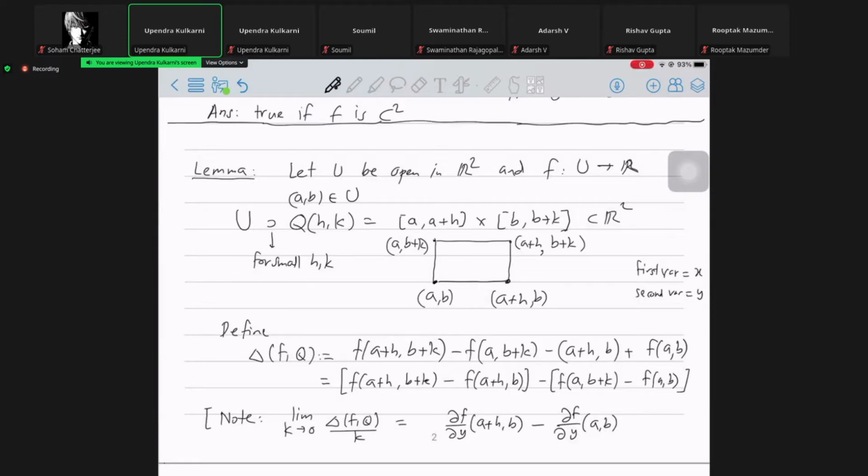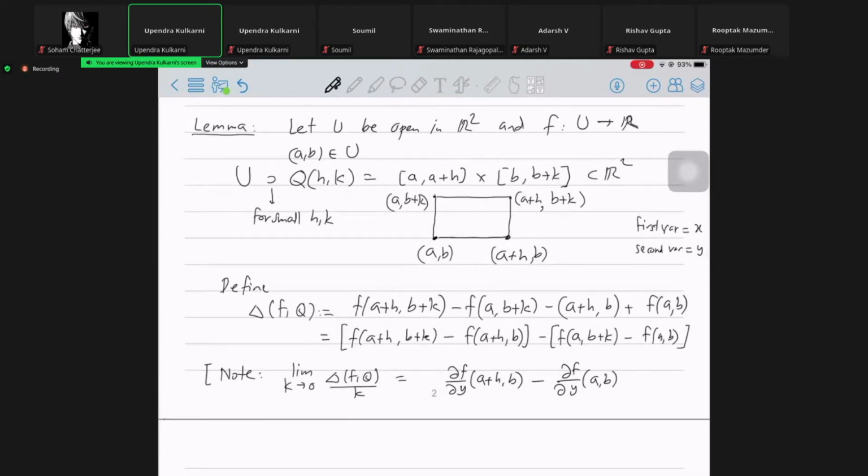And just going ahead further, if I then divide this quantity by H and then take the limit as H approaches 0, what will I get? If it exists, right? If these derivatives exist.